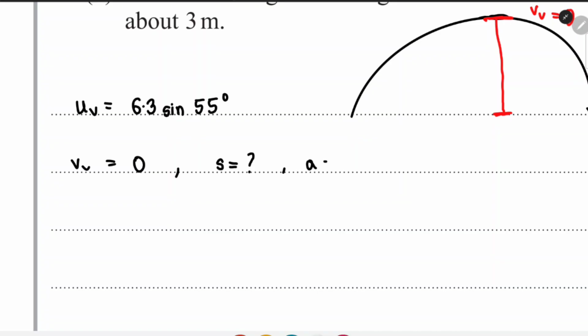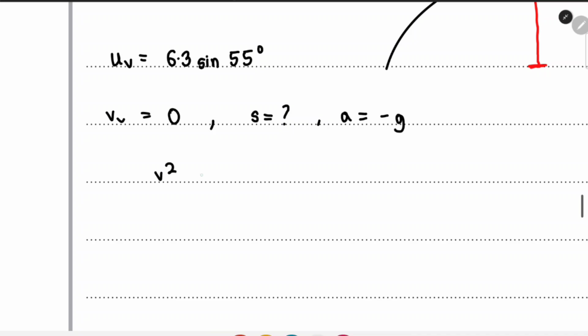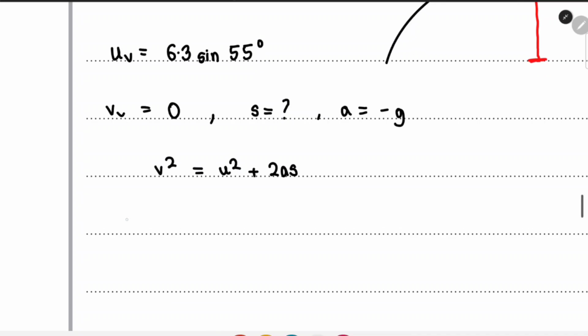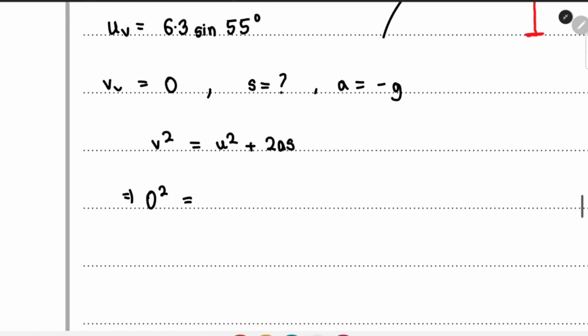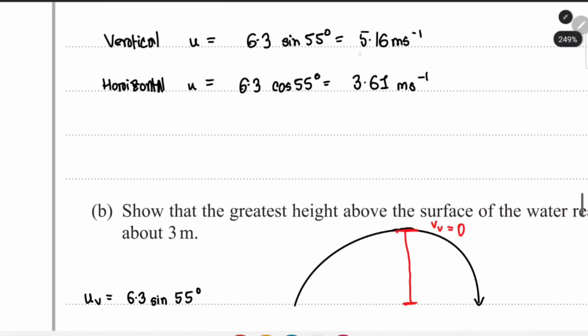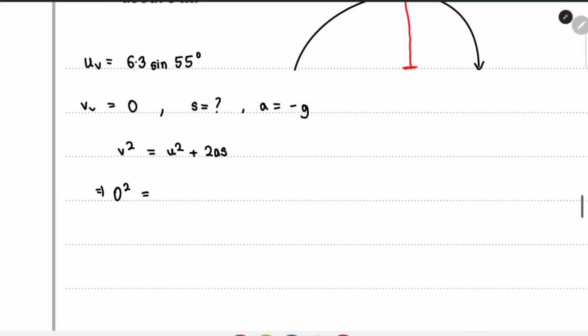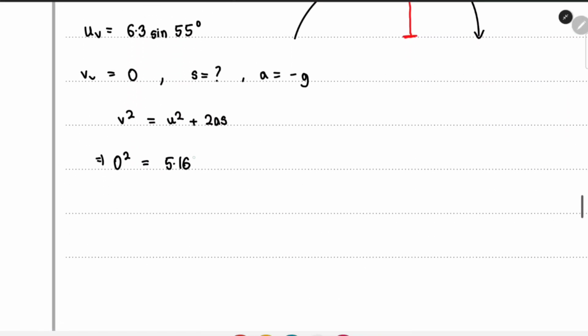And we know the acceleration, it's just minus g. So we will use v square equals u square plus 2as. We have the final velocity 0 square plus the initial velocity, we calculate this, 5.16 square plus 2 times minus 9.81 times s.